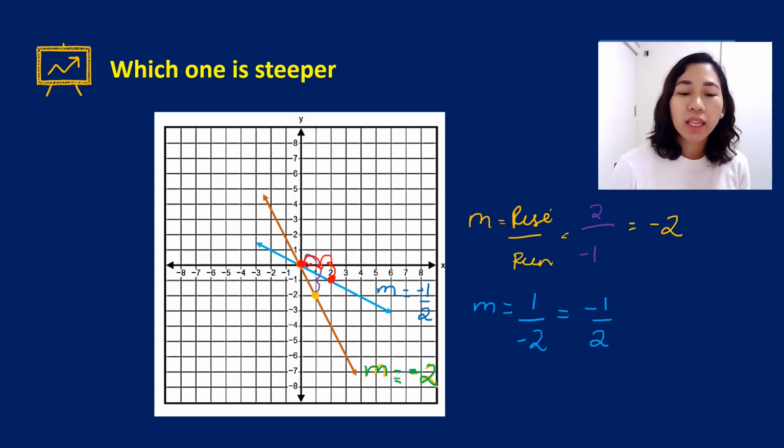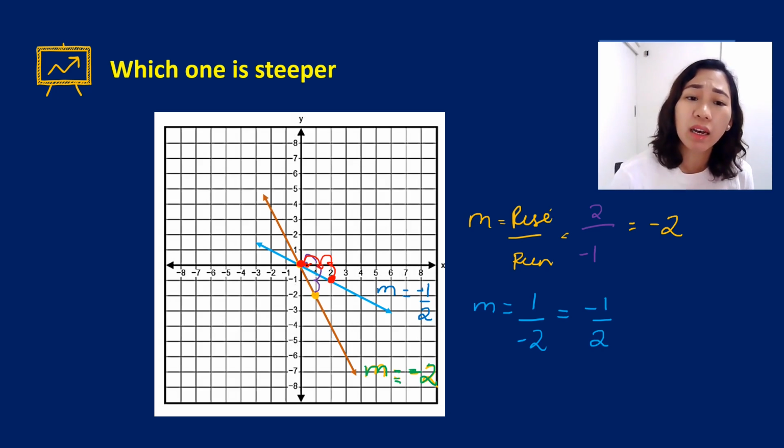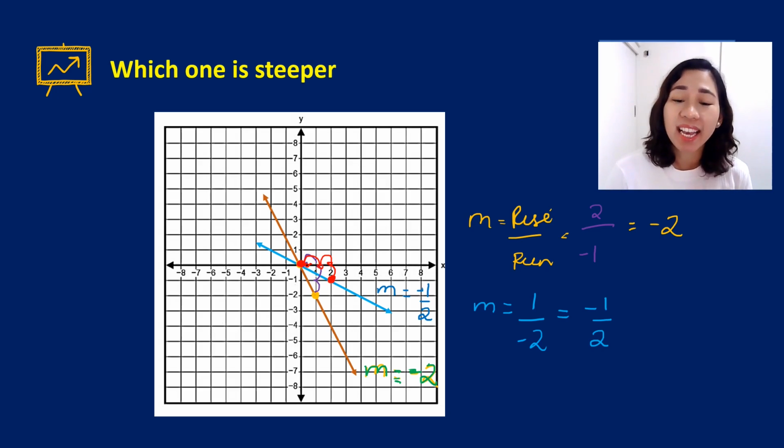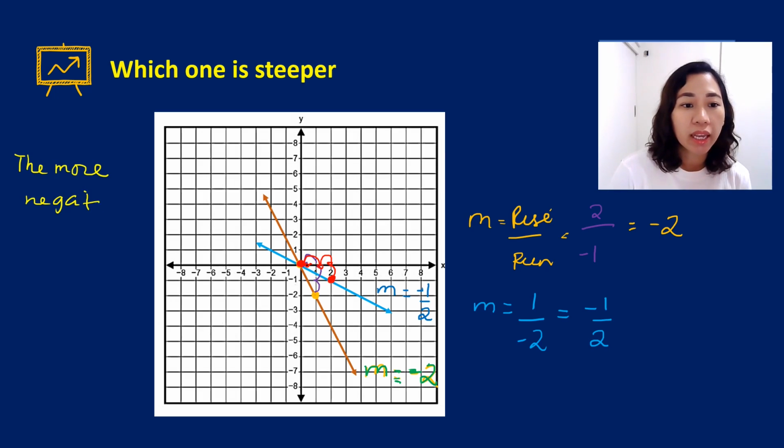Now, what I want to point out here is that the line with the more negative slope will be steeper.